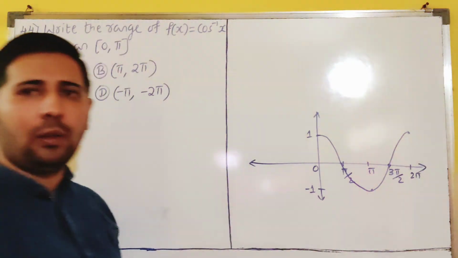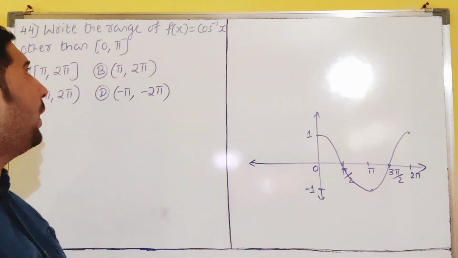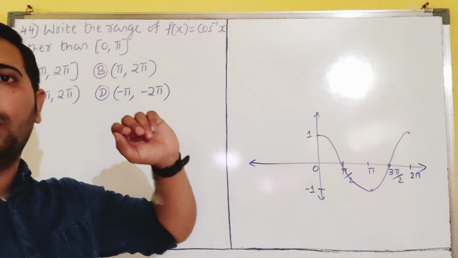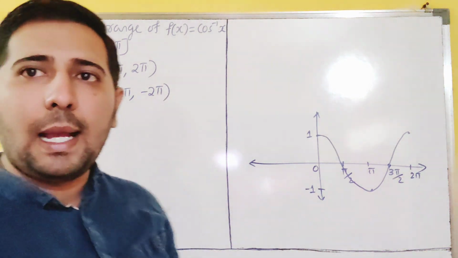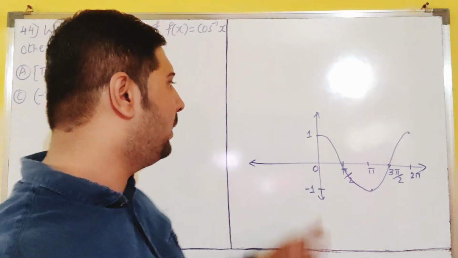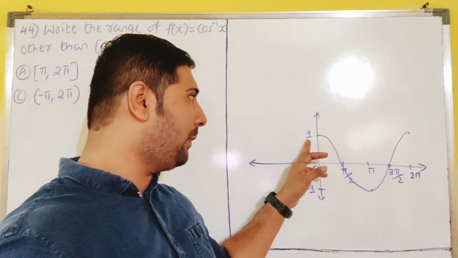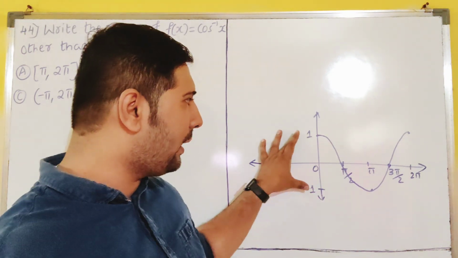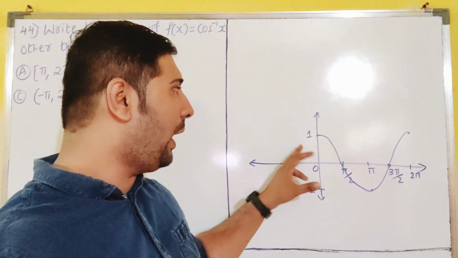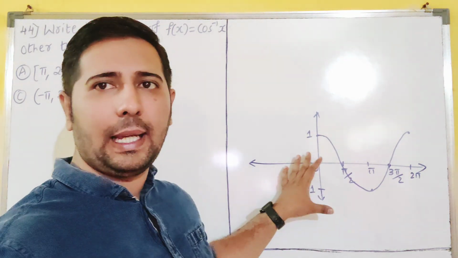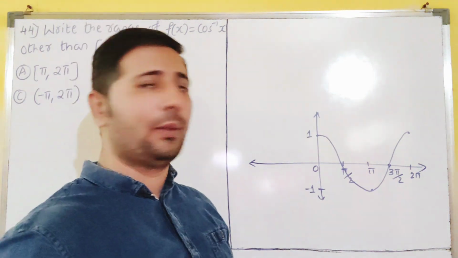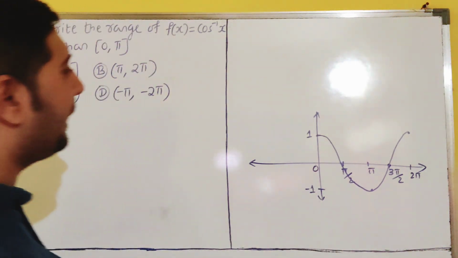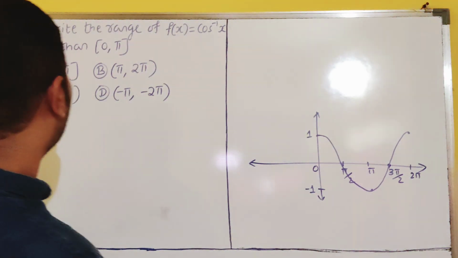Now the main important thing is other than 0 to pi you have to say. My answer should come from 1 to minus 1, which is our range. We have to get what the range of cos is. So I am speaking of the inverse now. See here, which will give minus 1 to 1? In which angle is it there?